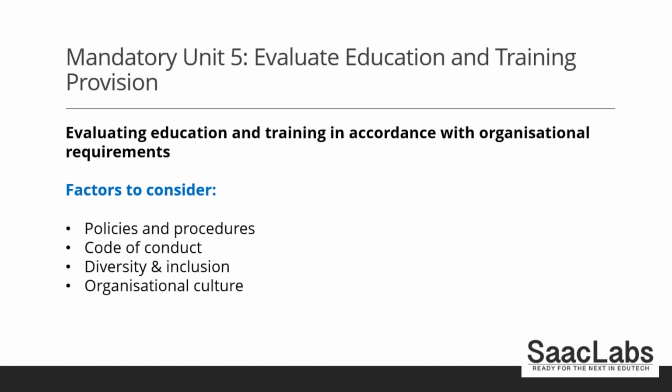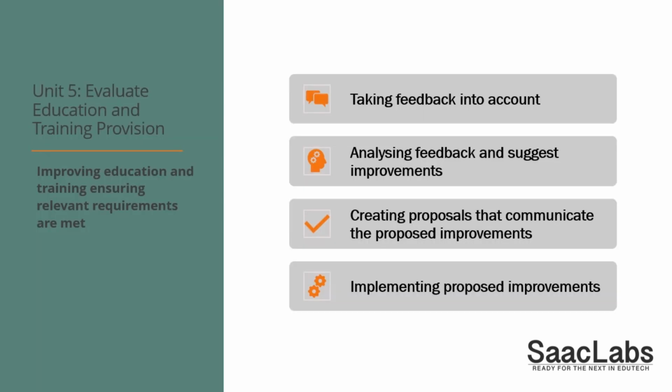So during Unit 5, we're going to be talking about, again, how we can evaluate the quality and effectiveness of training and development programs, what methods we can use, what factors we should be taking into consideration throughout the training cycle, but also at the evaluation stage. And we are going to be talking about continuous improvement as well.